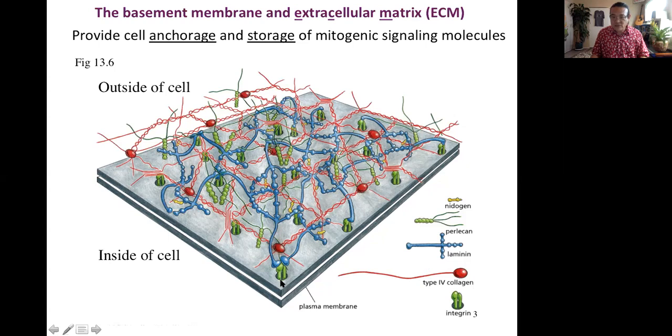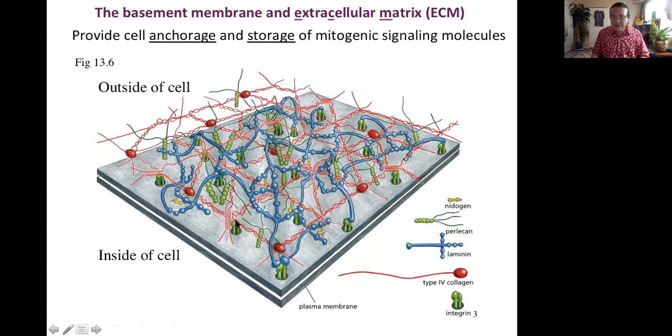And you can see these little green things that are poking up out of the cell are the integrins, right? Remember, these integrins are made up of two chains that specify what they can detect or bind to on the outside of the cell. In this case, this integrin's bound to this laminin here. Maybe this integrin detects and binds collagen fibers.